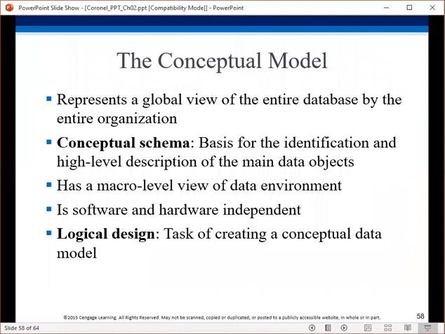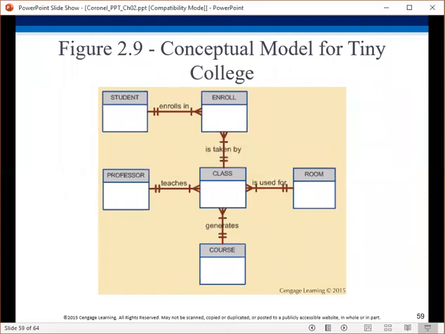A conceptual model is a basis for identification and high-level description of the main data objects in your system. A logical design is the task of creating this conceptual data model. So here we're putting in a little bit more detail in our relationships. You can see with the crow's foot, we have one-to-many relationships defined.